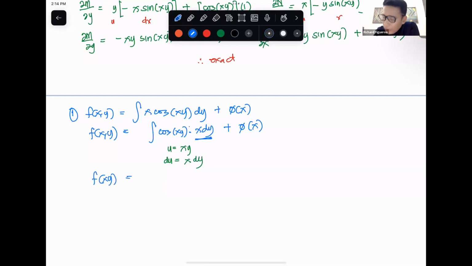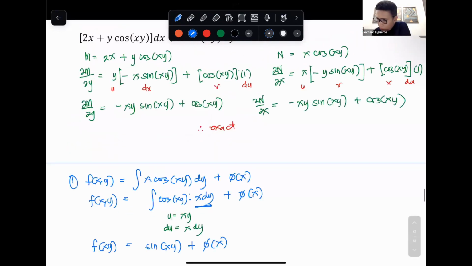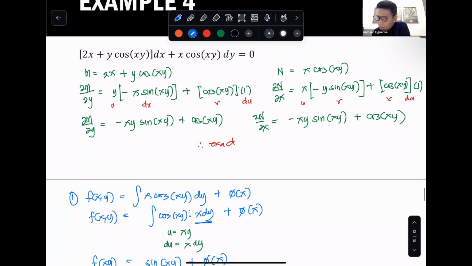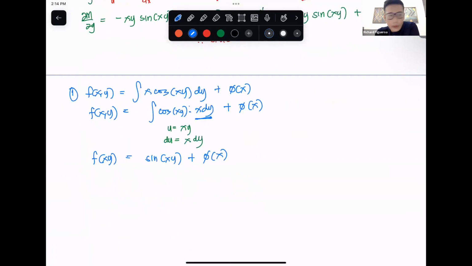So, anong integral niya? So, anong integral ng cosine? Positive sine xy. And plus p of x. Then afterwards, yes, positive sign.